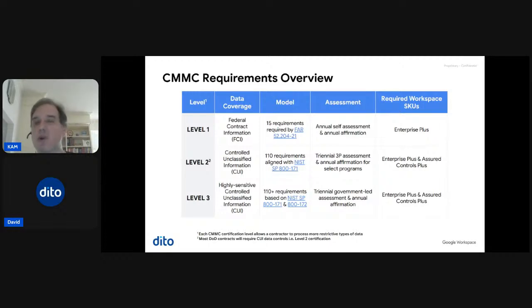Those are basically requirements for basic cybersecurity and for the handling of controlled unclassified information, also known as CUI. You'll notice that at Level 1, you only have to meet 15 of the principles, and at Level 2, you have to meet all 110, and then Level 3 has to do with how often you have to get audited, etc. So these are different levels depending on exactly what type of classified or controlled unclassified information you're handling.